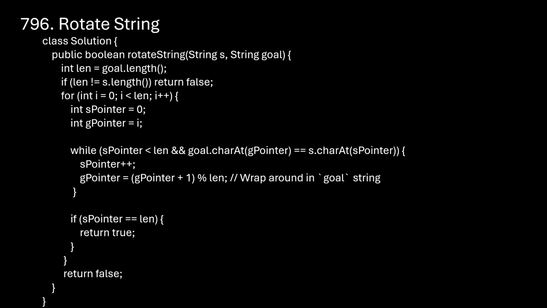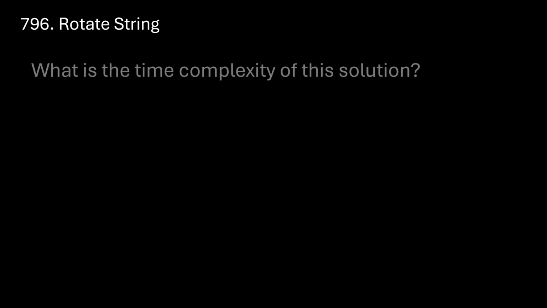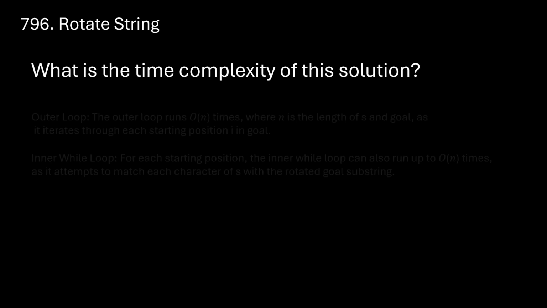So this is the finalized code for my solution that I came up with for this problem. So what's the complexity of this solution? The outer loop is going big O of n times, where n is the length of s and goal, as it iterates through each of the starting positions i in goal. And the inner loop is for each starting position.